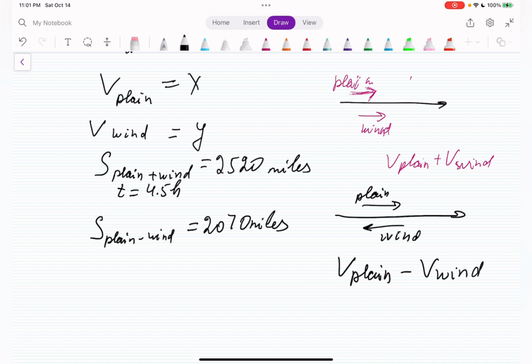And it's flying for the same amount of time, which is t equal to 4.5 hours. So we need to find the speed of the plane in still air and the speed of the wind. So we have time identical, time is the same, right? Okay, so what we can do here, how are we going to solve?